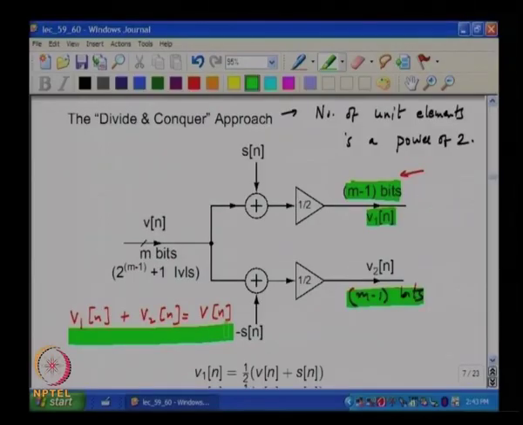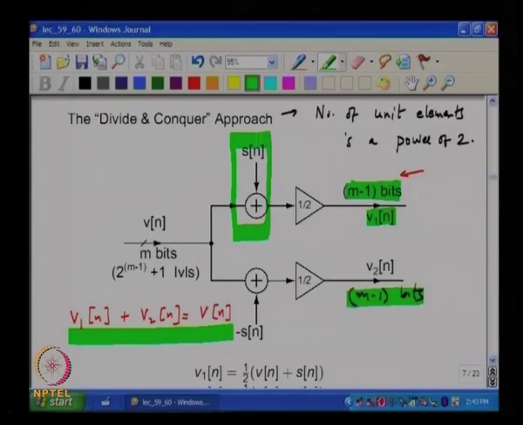Alright. So if I say that I am going to split V of n into two sequences V1 and V2, where V1 and V2 have one less bit than V, and the sum of them is exactly equal to V, that is equivalent to saying that V1 and V2 add up to give V of n, so you can represent V1 as V by 2 plus something and V2 as V by 2 minus something, correct.